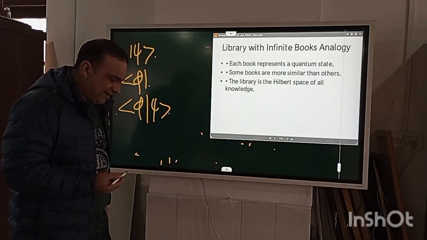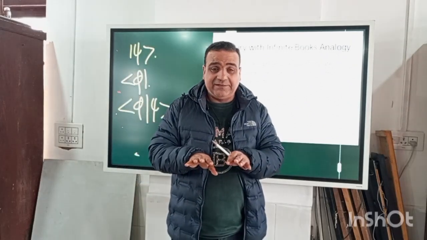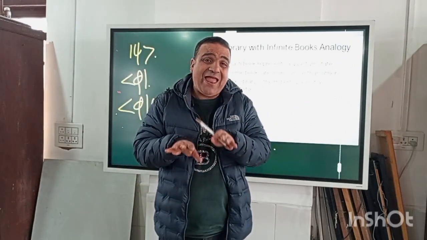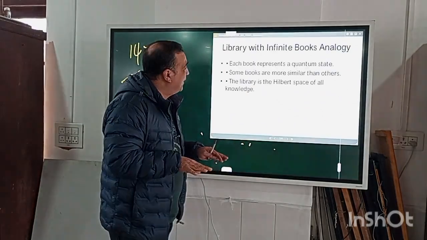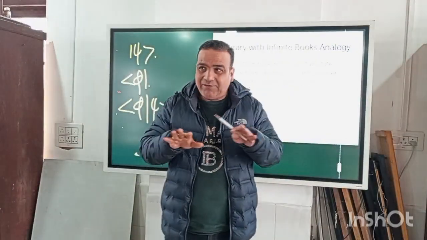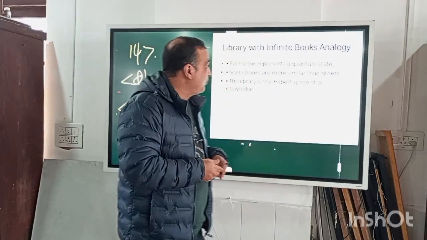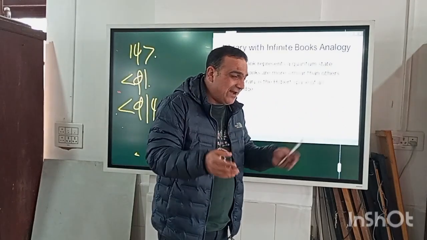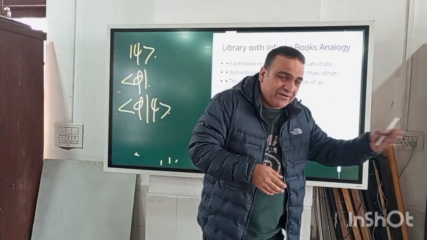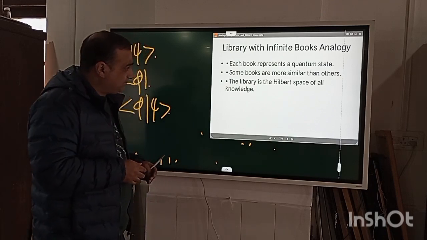A library can be another example to at least have an understanding of this mathematical abstract thing, the Hilbert space. We have a library, and in the library we have numerous books, and there can be books which are similar, and there can be books which are different from other books.